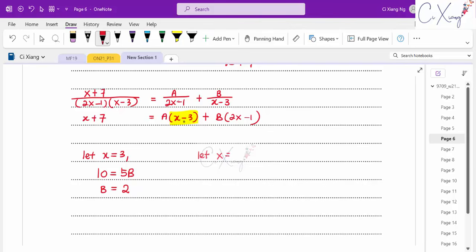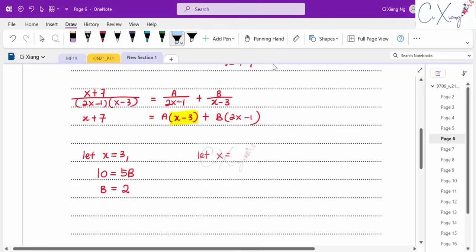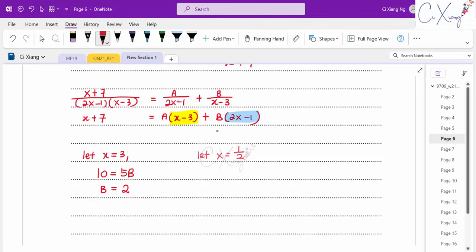To find the value for A, you need to make sure that you make this particular bracket become 0. How to make the bracket 2x minus 1 become 0? You have to let x equals half. If you substitute half into this bracket, the bracket here will become 0, right?